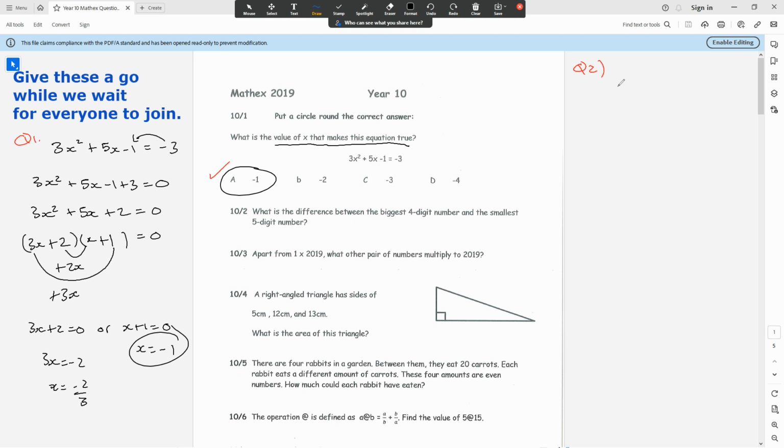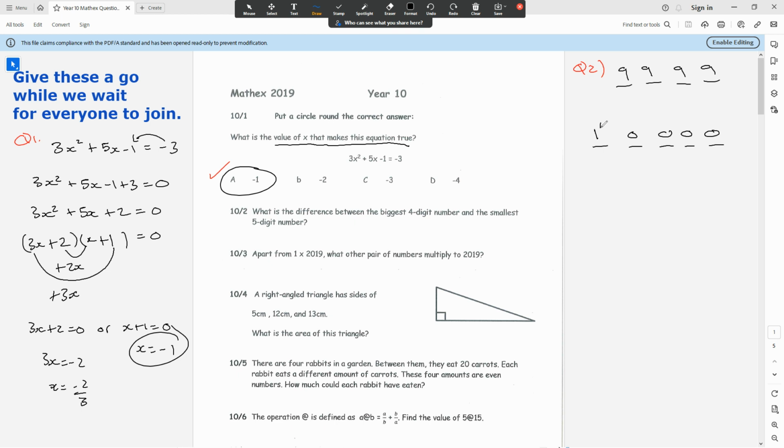That would be getting each digit to maybe, let's say 9, right? Would that be the biggest? Yeah. And what is the smallest 5-digit number? 1? No, that's one digit. Could be 10,000?